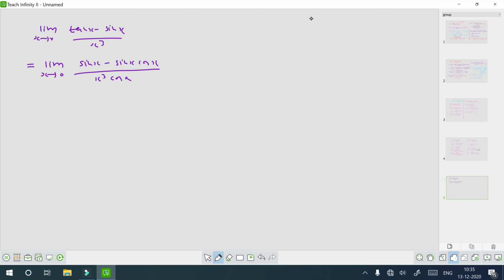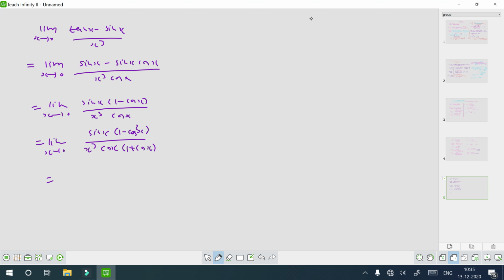Agree with me? Convert tan into sin over cos, then take LCM, then we get this one. Now sin x is common from the numerator. What you get? 1 minus cos x over x cube cos square x. Now rationalize it. What you get? Limit x tends to 0, sin x into 1 minus cos square x over x cube into cos x into 1 plus cos x. Agree with me? Yes. In the numerator it comes out sin cube x. In the denominator the quantity x cube is there, into cos x into 1 plus cos x.